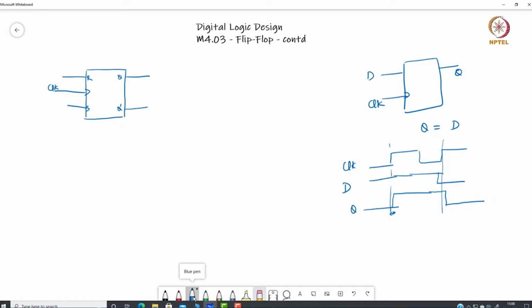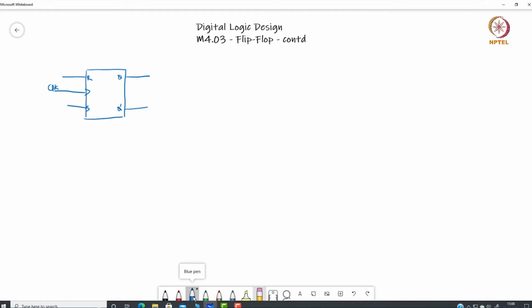So let's quickly see the behavior of this RS flip-flop. The behavior can be described using this truth table. If the values of R, S and Q are these, then we write the value of Q plus. If R and S are 0 and 0, if Q was 0, the next state is also going to be 0. If Q is 1, then the next state is also going to be 1. So it depends on the previous state what the next state is going to be.